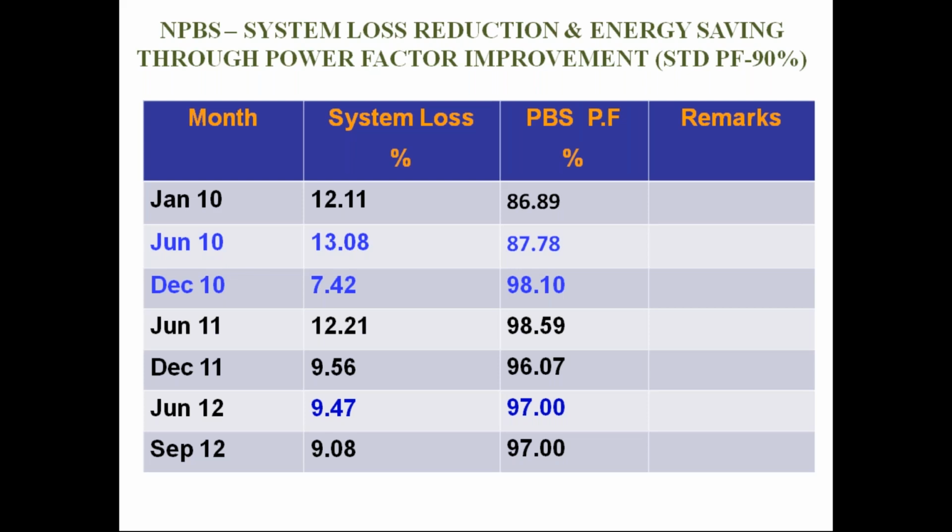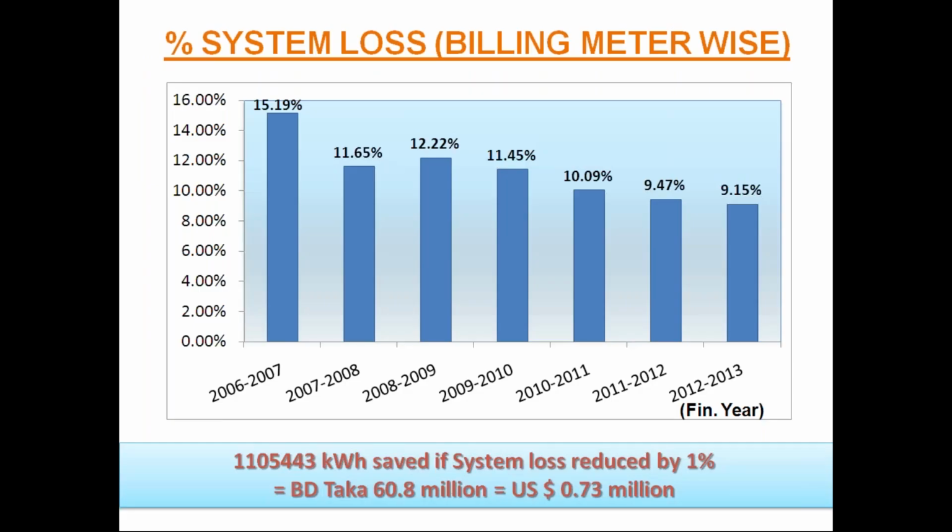Motivation is very important nowadays, and we had regular motivation with schools, colleges, hat bazaars, and union councils. People's attitude changed and they started understanding what energy losses and energy saving are, and with their cooperation, we reduced our system losses.